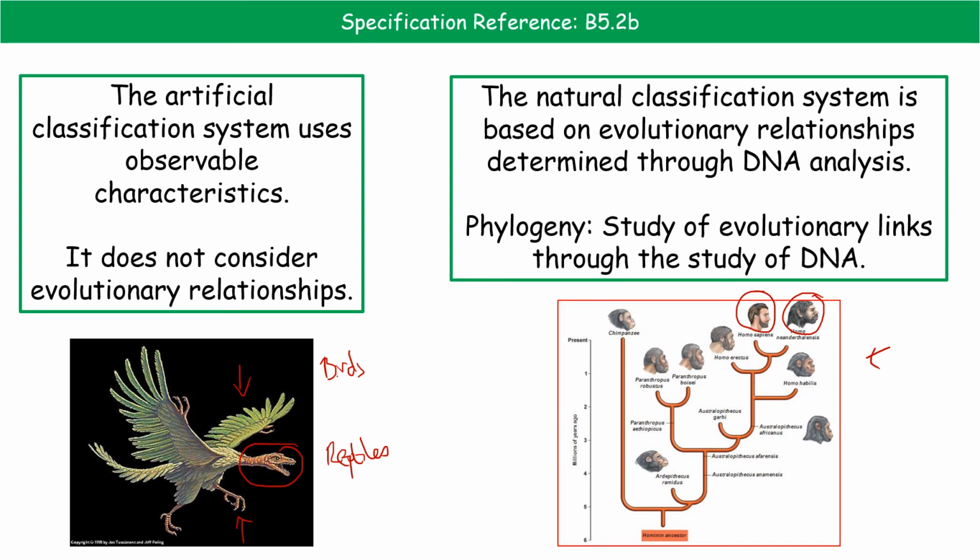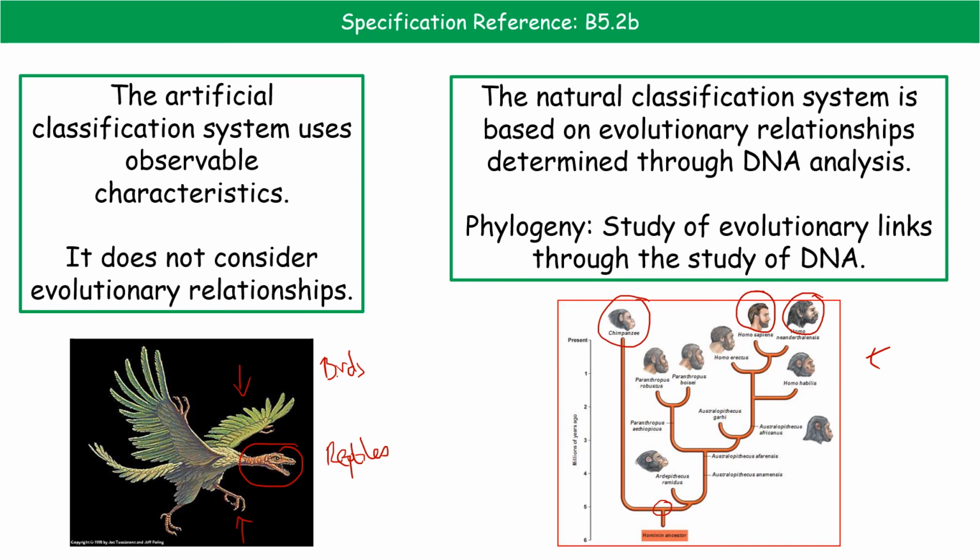As we go further and further back through time, we can see that eventually we come to a point down here where there is a common ancestor between us as modern day humans and a chimpanzee. So we are not descended from chimpanzees, okay? It's not like chimpanzees that we know today just randomly mutated and became us.